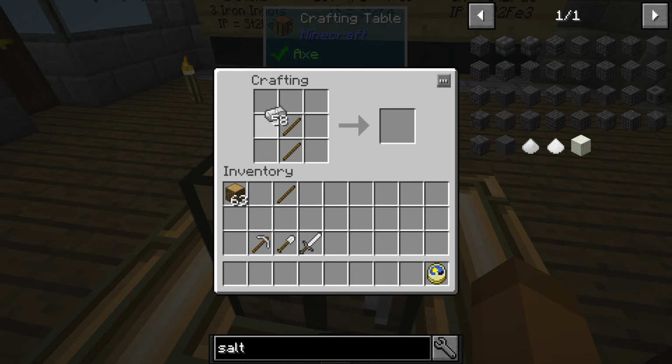Alright, so if we had a bucket full of sticks and a bucket full of iron ingots, we'd know that it would take 2 stacks of sticks and 3 stacks of ingots to make a stack of axes. It would take the same amount, 2 stacks of sticks and 3 stacks of ingots, to make a stack of pickaxes. They have the same empirical formula, but their structure is different.